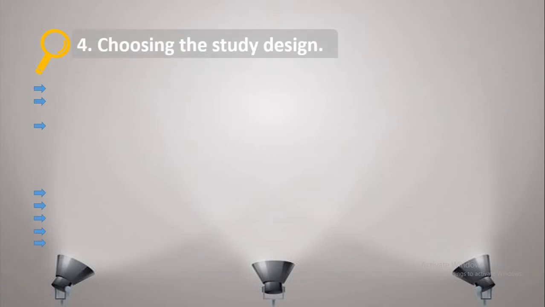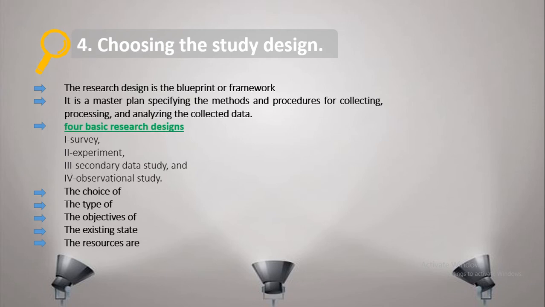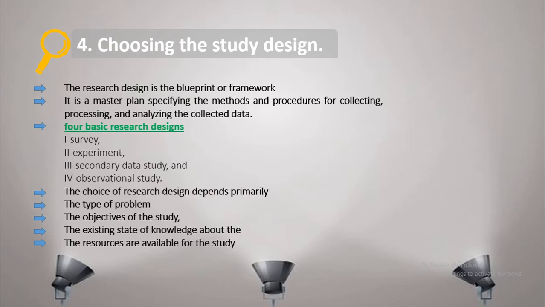The next step is choosing the study design. After making a hypothesis and clearing your objectives, you need to choose the study design. This is the most important and sensitive decision. The research design is the blueprint or framework. This is basically a framework or a structure of your whole research.